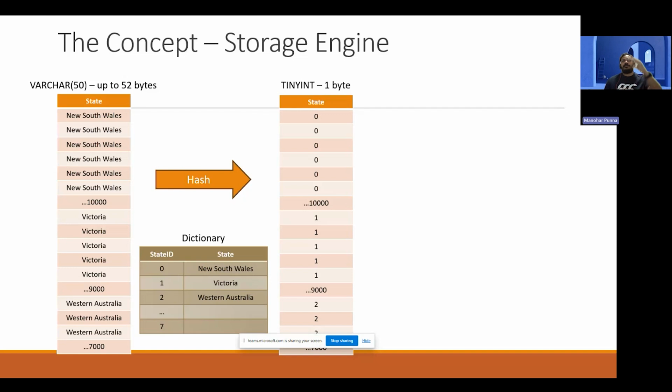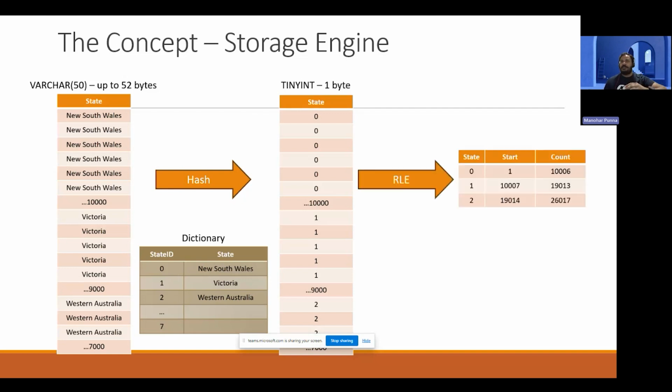The second is that I know it's repeated continuously, so there is a continuous repetition. So I'll use run length encoding and say state 0 starts from row number 1, up to row 10,006. Now I've reduced all those 10,006 rows into one row with just 3 distinct values, right? 3 columns.